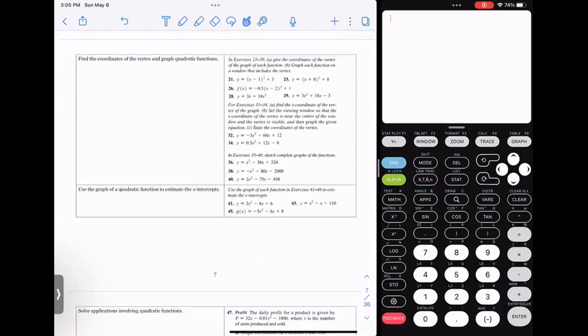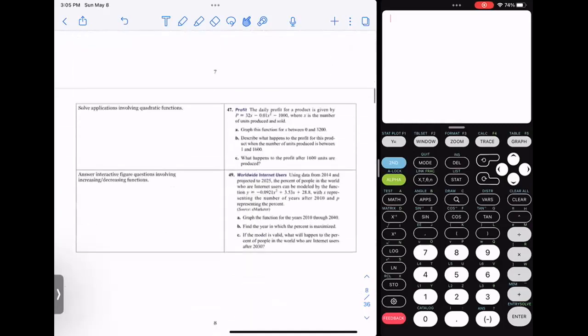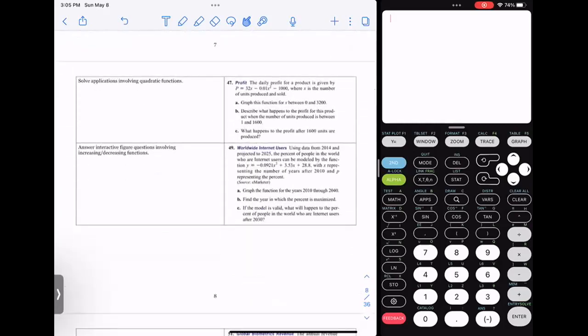Any questions on this one? All right then. Any questions on this page?